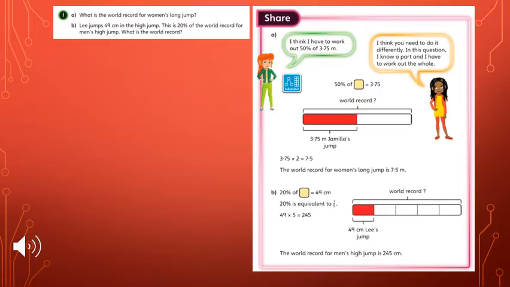So I've got to find out what the rest is. To do that, I'm going to do 49 times 5, because I know that I've got 20% and I need to find 100%. So 49 times 5 is 245. So the world record for men's high jump is 245 centimetres.